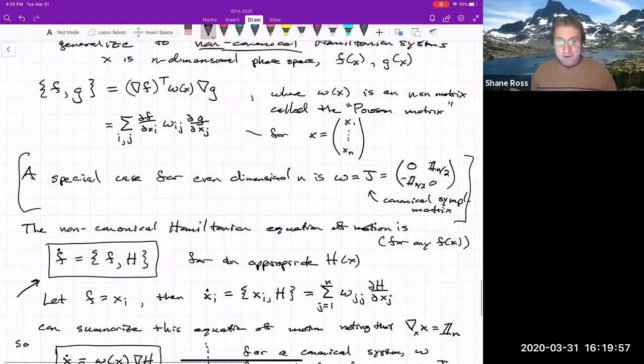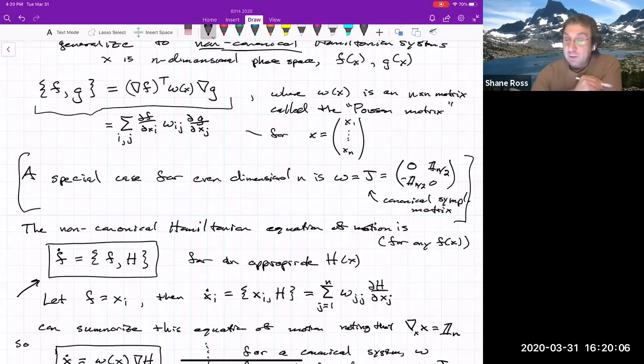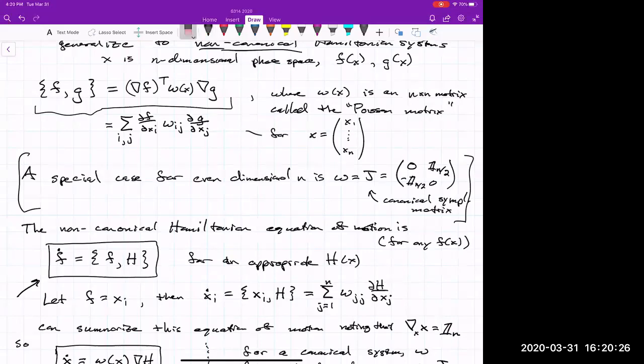It wouldn't work. The definition up here has to obey all of those properties of a Poisson bracket. And if you had omega equals the identity, you're not going to obey those. So the Poisson matrix sort of encodes everything that we would expect from the properties of the Poisson bracket. So omega can't be any matrix.